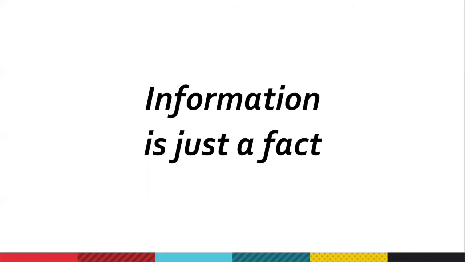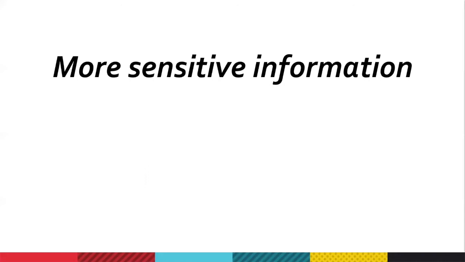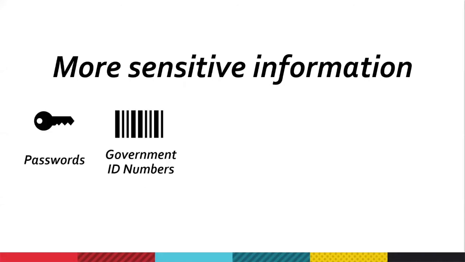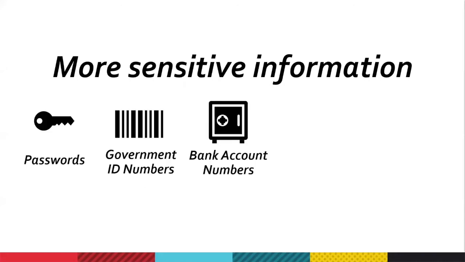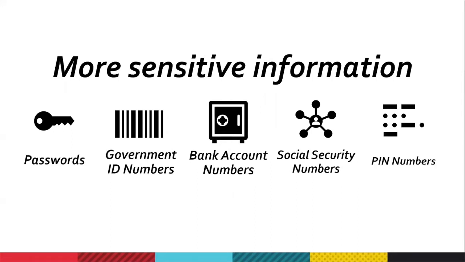Of course, I couldn't mention more sensitive information like passwords, government ID numbers, bank account numbers, social security numbers, and PIN numbers. We already know how sensitive this information is. But knowing isn't enough. Being aware is more important. And being aware of the dangers that are lurking inside the internet is more important than merely knowing it.